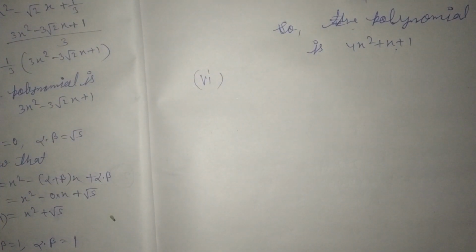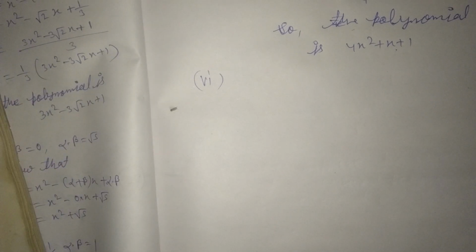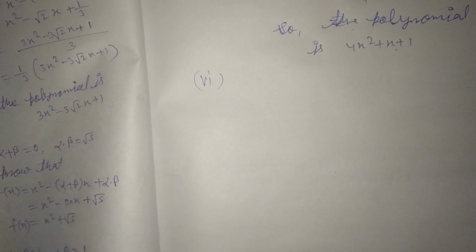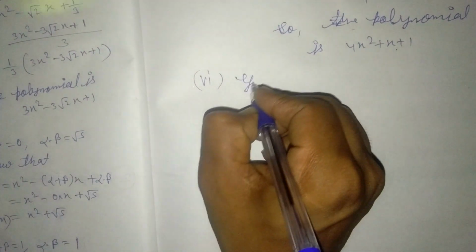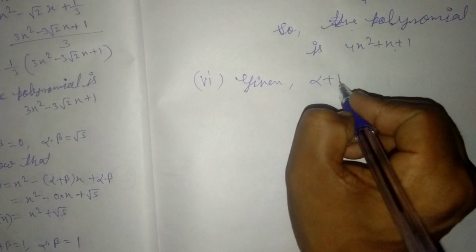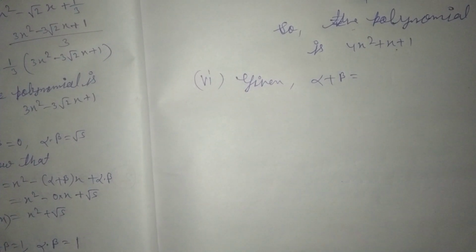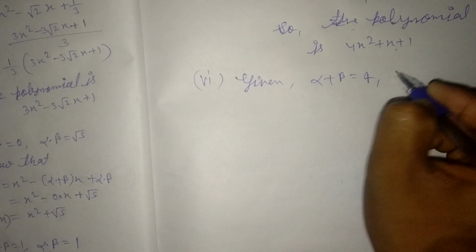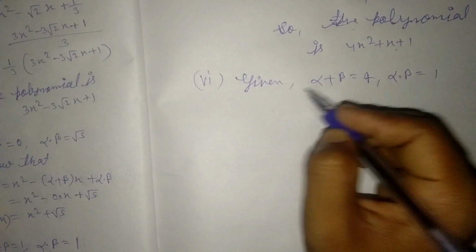In question 6, it is given that alpha plus beta is equal to 4, and alpha beta is 1.